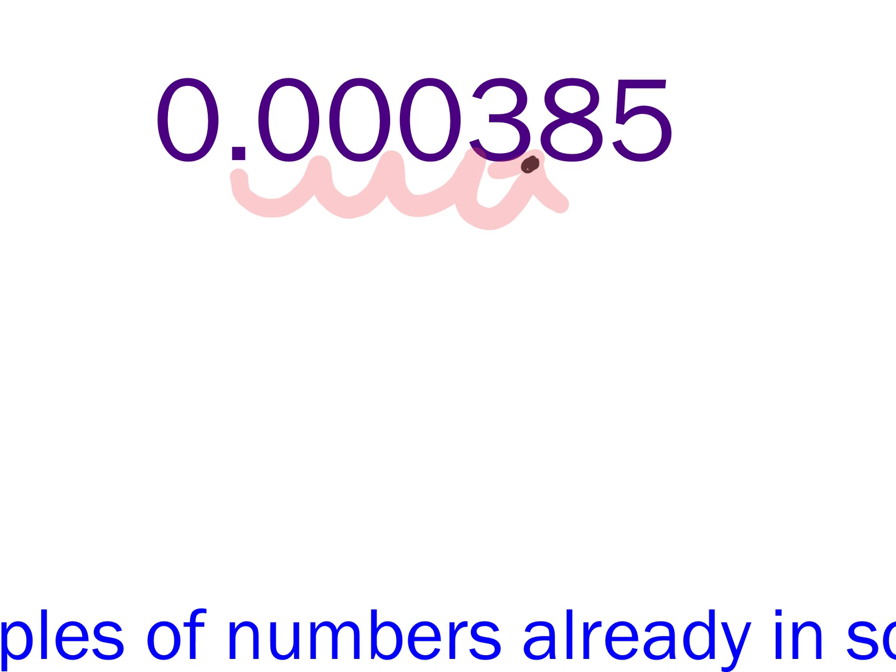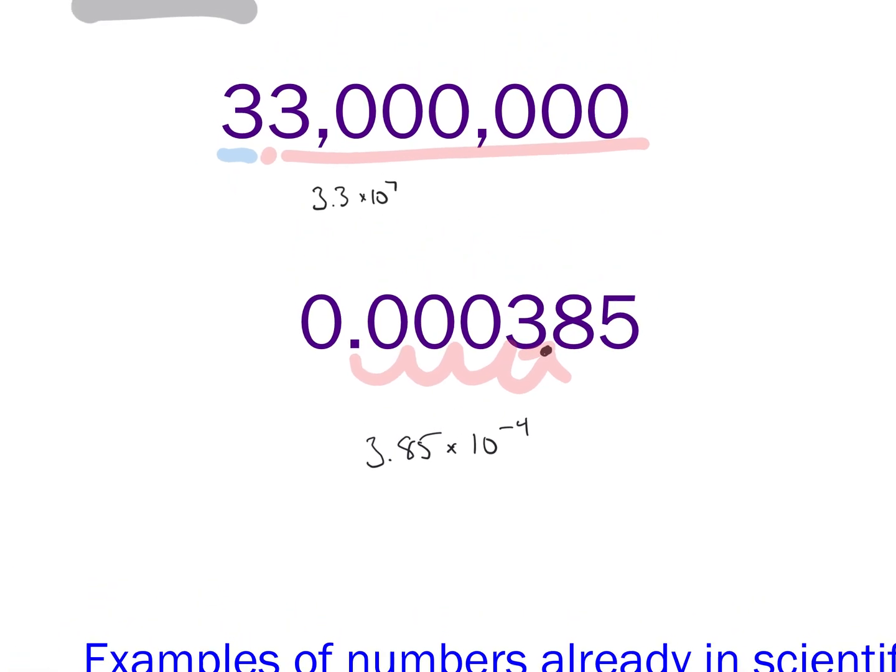So this number is going to be 3.85. And now it's a small number, so it's going to be times 10 to the exponent negative 4, because the decimal is moved 4 spots for that number. So that's how we write a small number with scientific notation.